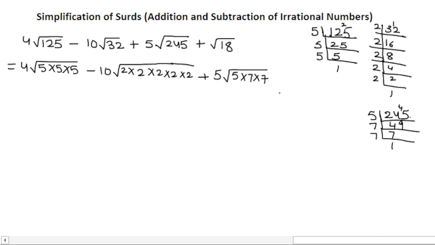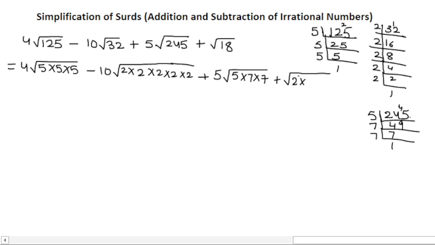Lastly, I have 18. I know that 18 is 2 times 9. 9 again is a composite number. However, 9 is a perfect square.